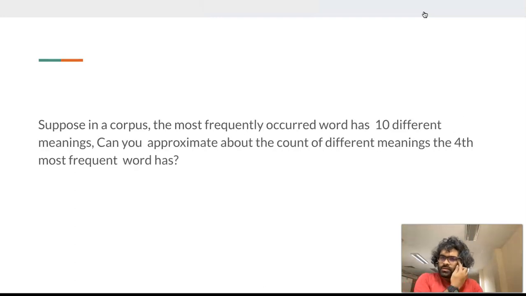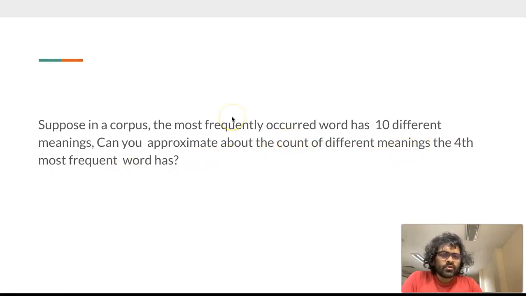So the next question is, suppose in a corpus the most frequent word is x, and x has 10 different meanings in the corpus. Now the question is asking, can you approximate the count of different meanings the fourth most frequent word has?